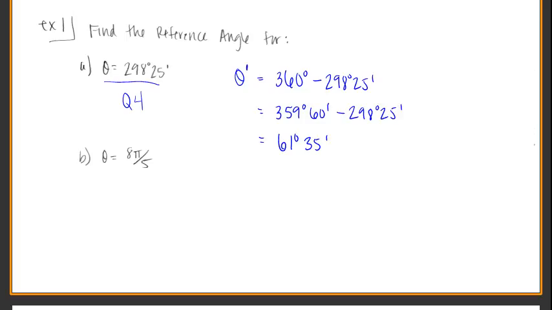So the reference angle to 298 degrees is 61 degrees and 35 minutes. And if I asked you to graph that, wouldn't that be in quadrant 1? All reference angles are always in quadrant 1.